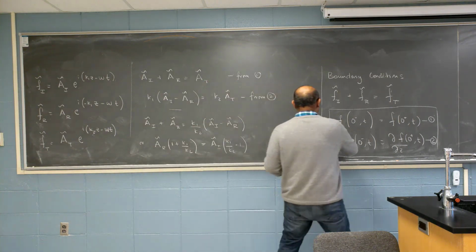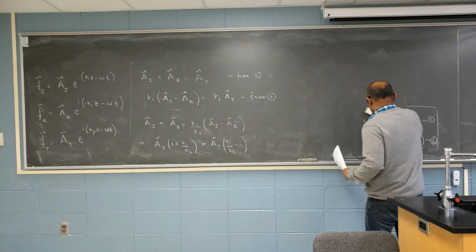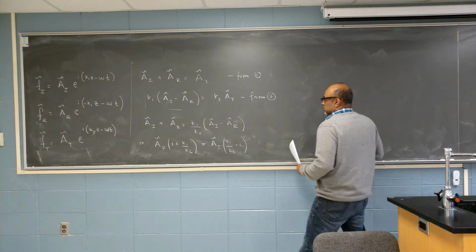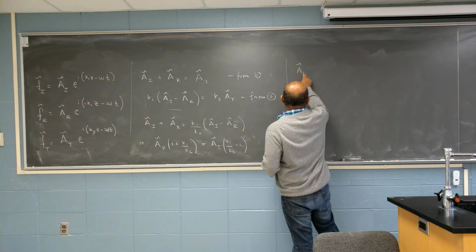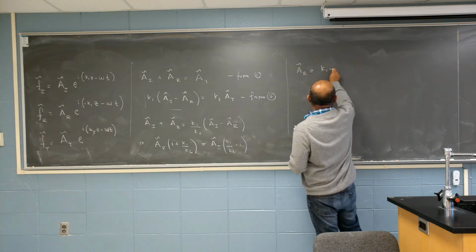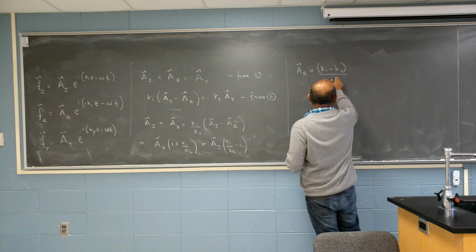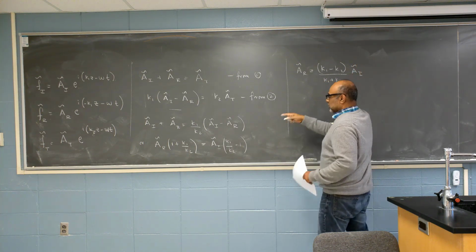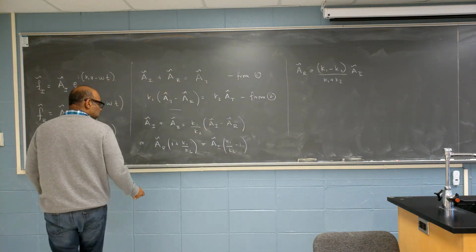And this gives A tilde R equals (K1 minus K2) over (K1 plus K2) A tilde I. If you're wondering how I jumped from here to here, that's not too complicated.